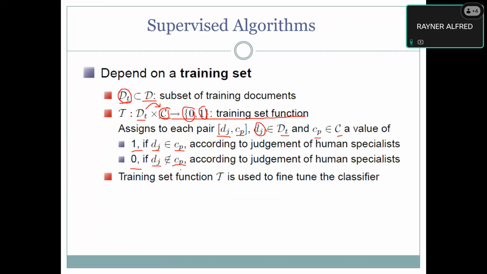So this is the training set function that we want to find out. How do we optimize this so that we can increase the classification of the document? So we need to fine tune them.